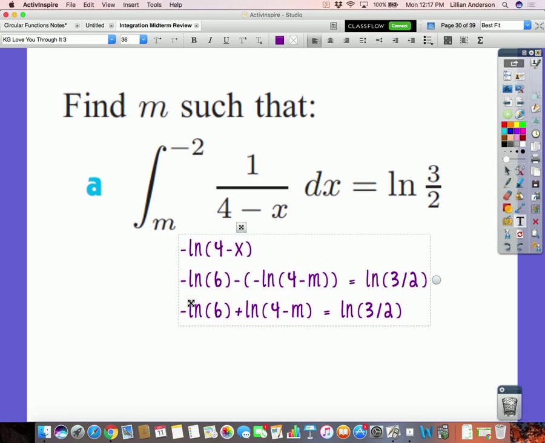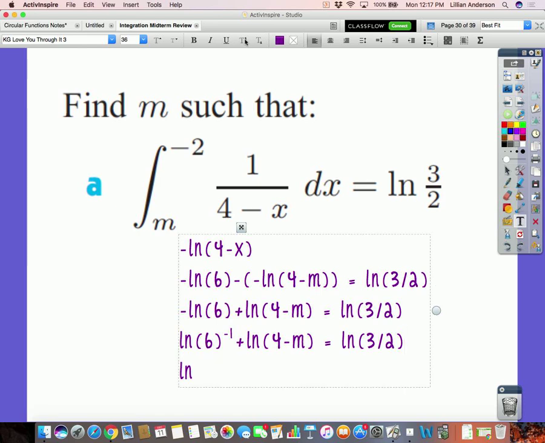What do you do when there's a negative in front? I heard it. You bring it to the exponent. Good. Now you can multiply it. So this turns into the ln of 6 raised to the -1 times 4 minus m.